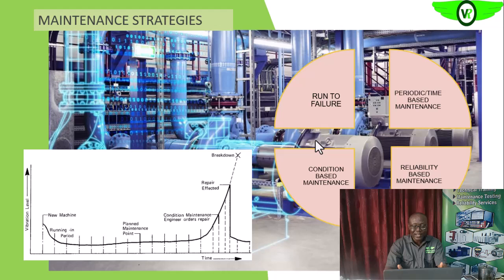Then on the driver side, if it is an electric motor, you are looking at the motor itself and then the source of power to the motor. So you look at it from the very source to the controller, then to the motor itself. So you look at the reliability holistically. Your goal is to ensure that each of these components maintains a level of reliability that will eventually affect the overall reliability of the plant or of your process.